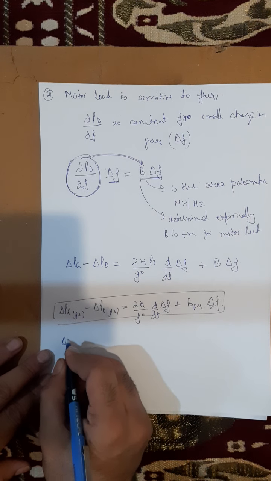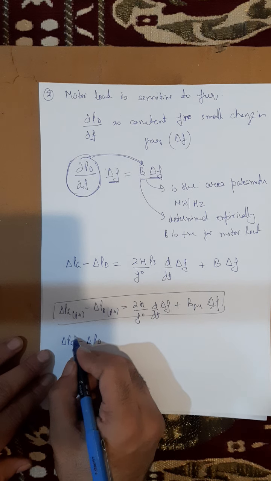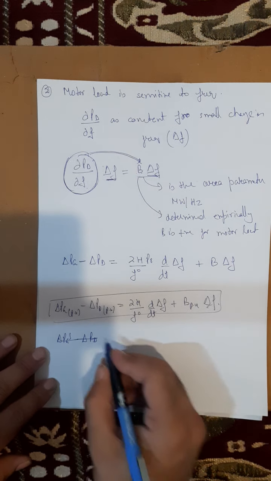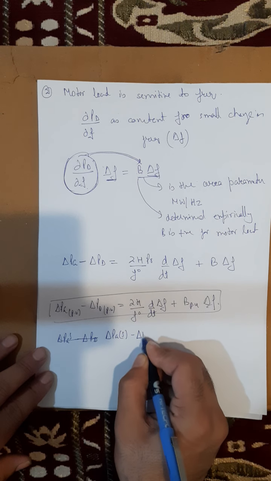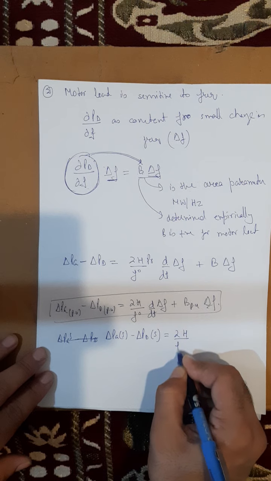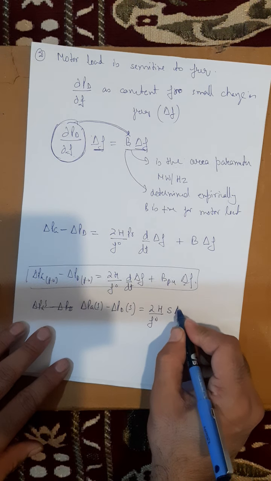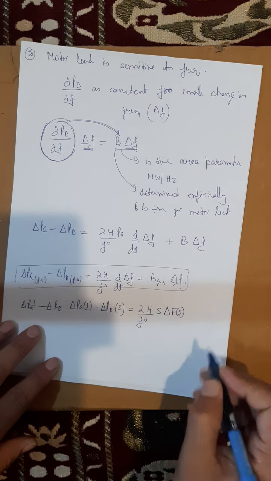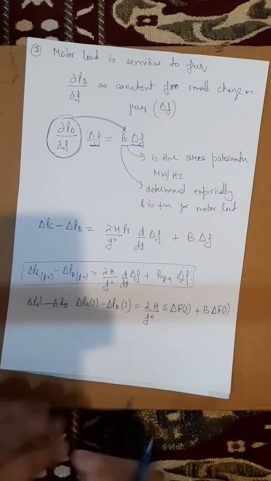Next, delta Pg minus delta Pd. Now I am taking it in Laplace. I will take the Laplace of the above equation. Delta Pg(s) minus delta Pd(s) will be equal to twice H upon F naught. Laplace of a derivative is nothing but S into delta F(s), plus beta into delta F(s).